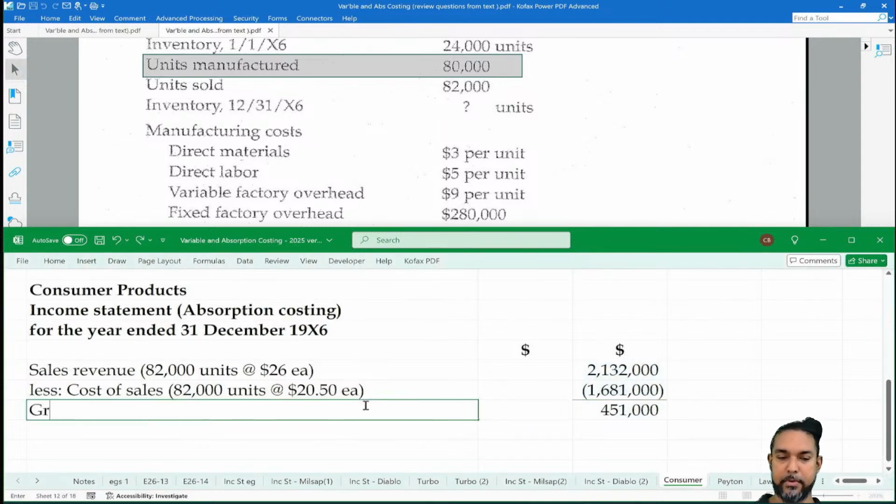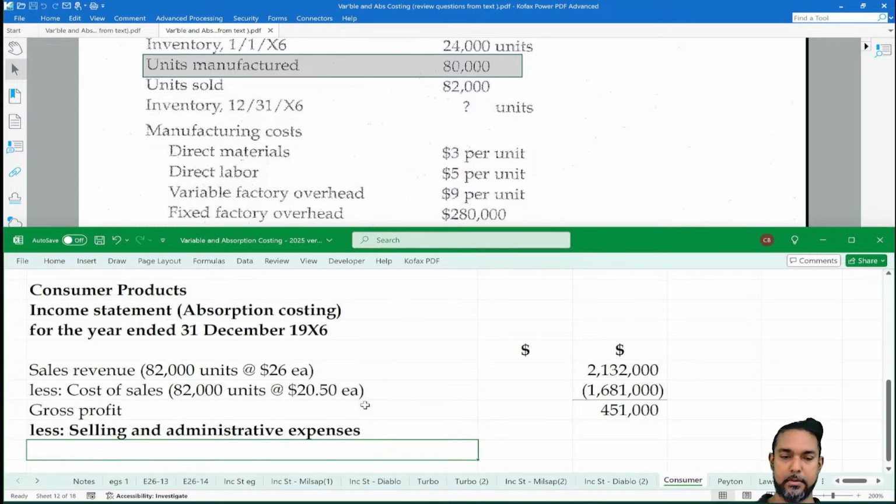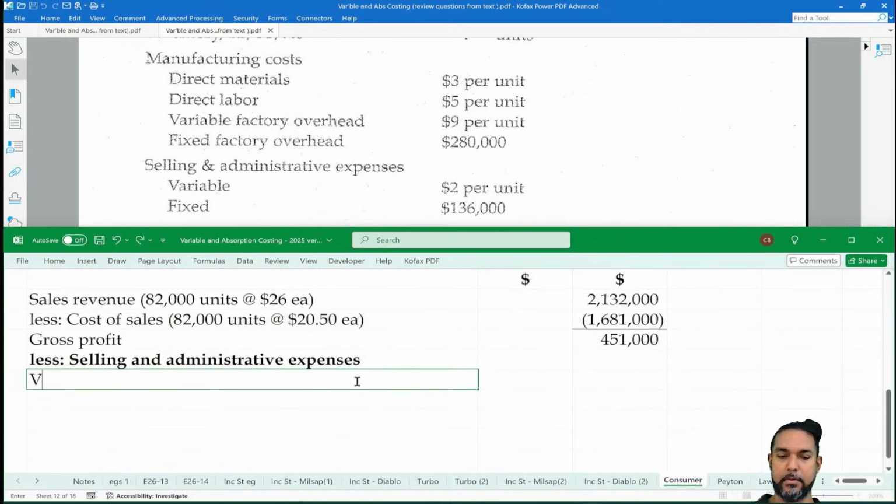Right, so that's the gross profit. Less selling and administrative expenses. Okay, cool. So we have variable and fixed, right? So variable is 82,000 units at $2 each.